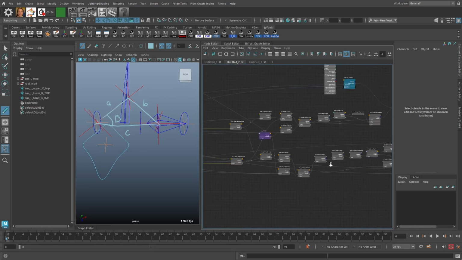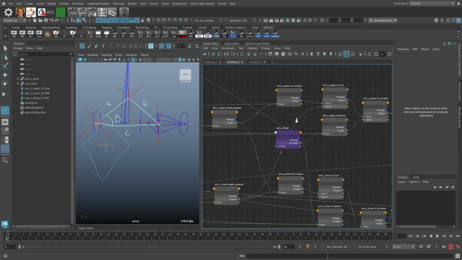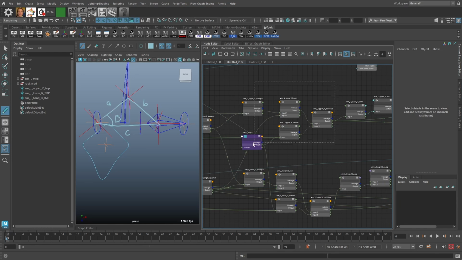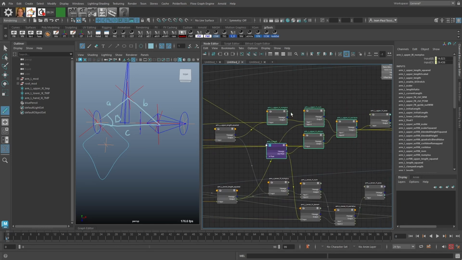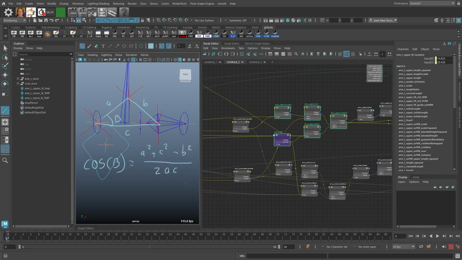If we look at the nodes right here, we're using the law of cosines to get the cosine value. So basically, this part is doing the law of cosines. Recapping, the cosine of angle B equals A squared plus C squared minus B squared divided by 2AC.